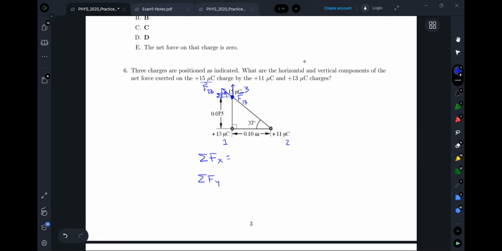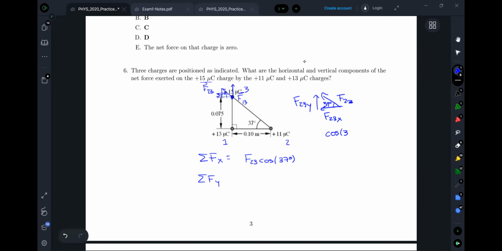Net force in the X is F23 cosine 37 degrees, cosine because F23 has horizontal and vertical components, X and Y. And what's adjacent to our 37-degree angle is that horizontal component.